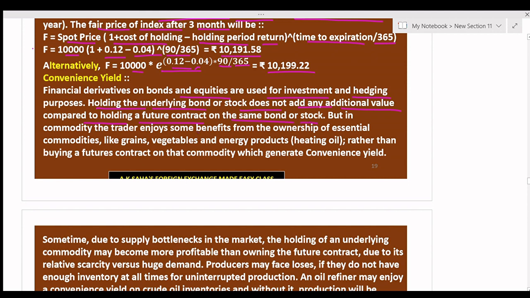But in commodity, the trader enjoys some benefits from the ownership of essential commodities like grains, vegetables, and energy products, heating oil, rather than buying a future contract on that commodity, which generates convenience yield.